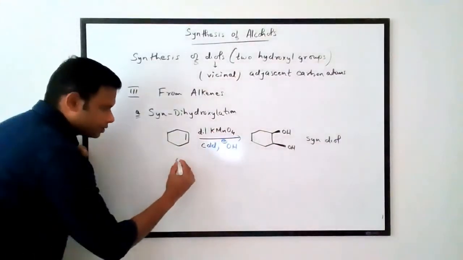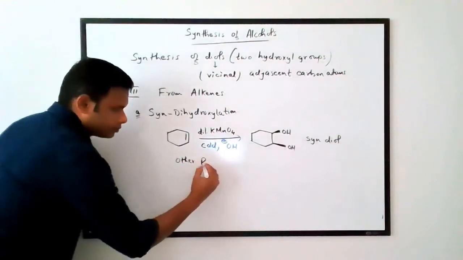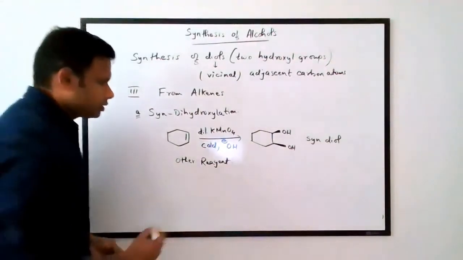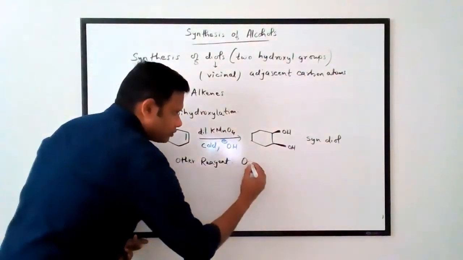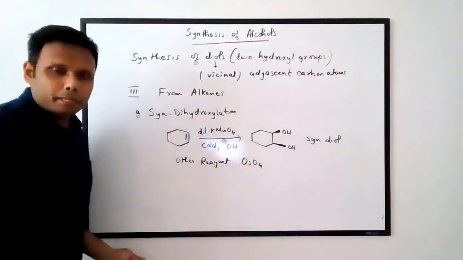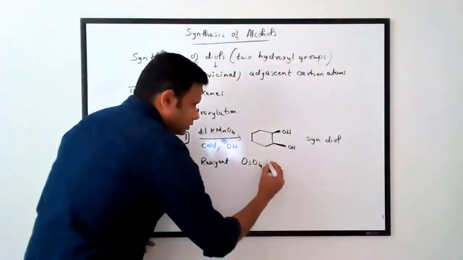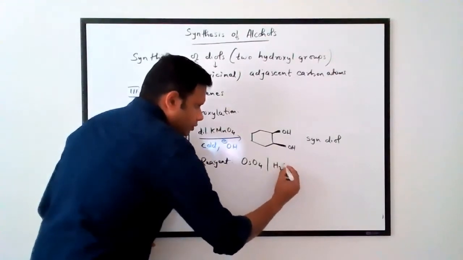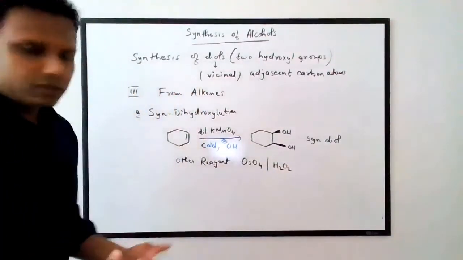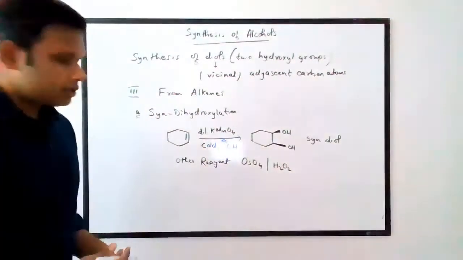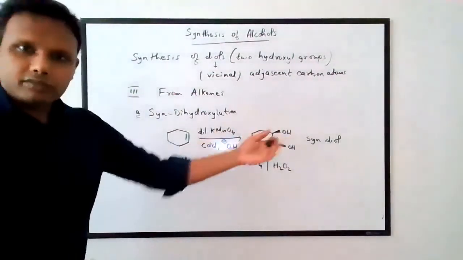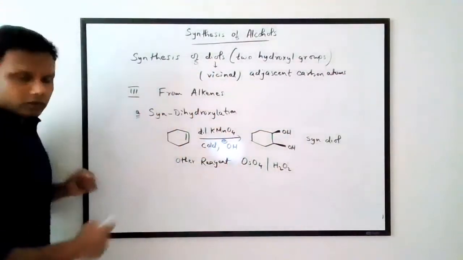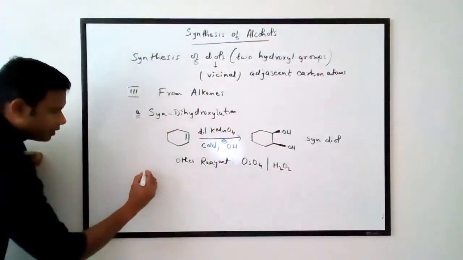The other reagent that gives the same reaction is osmium tetroxide. And osmium tetroxide is usually used with some peroxide. So you can put H2O2, let's say, as a simple example there. You use it with some peroxide. Osmium tetroxide would also give us the same diol. But it is a diol starting from an alkene.